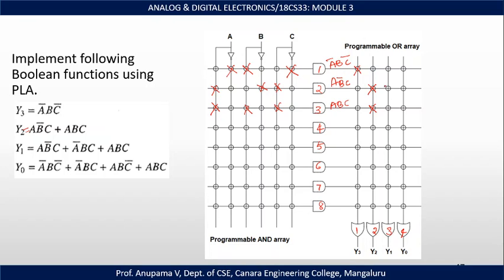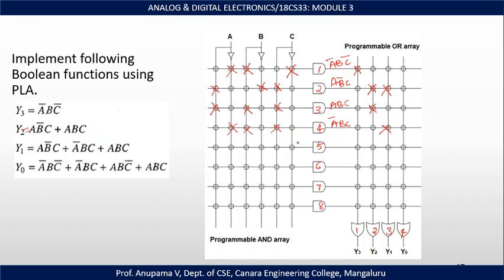So draw an X mark against AND gate 2 and OR gate 3. The next term is a bar bc. So draw an X mark against a bar, b, c of AND gate 4. The output of AND gate 4 is a bar bc, which is the input for OR gate 3.